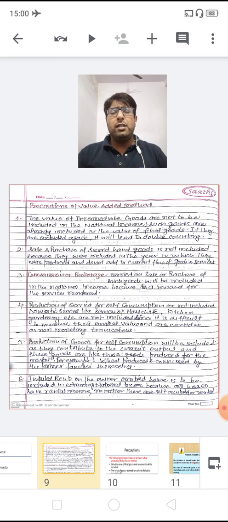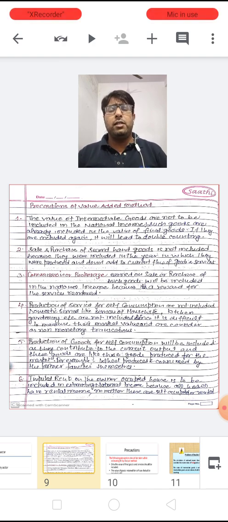Now the baker is the next sector, who is making a cake from the flour. This cake is known as the final product, and the baker is the tertiary sector.